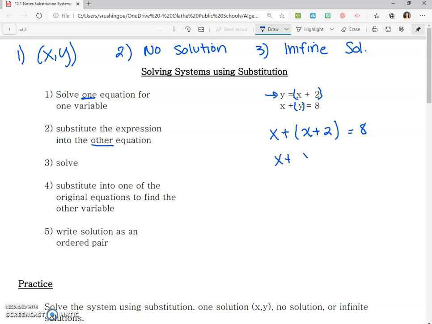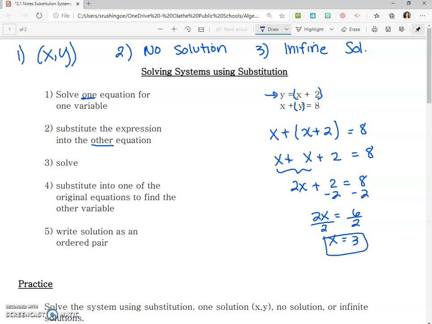So I'm going to take away my parentheses that was just there to kind of hold its spot. So no distributing. We're going to go ahead and combine like terms, x and x to 2x, and then we're going to subtract 2 and divide by 2. So x equals 3. So we're halfway there.